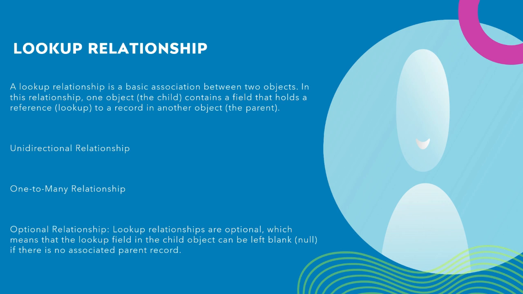Okay. And second point, this lookup relationship is unidirectional. It is not bidirectional. We will be having a relationship from child to parent. And it is a one to many relationship. One to many in the sense, first, each record in the child is associated with a record in the parent.